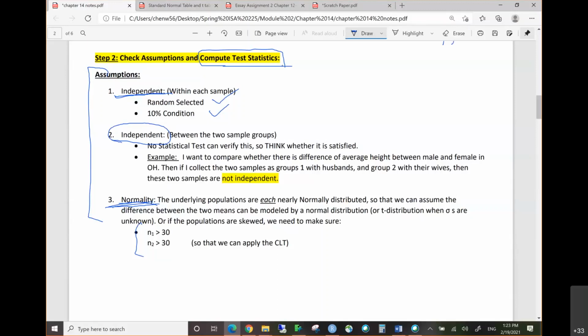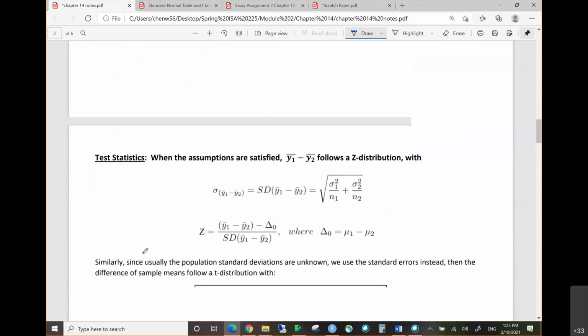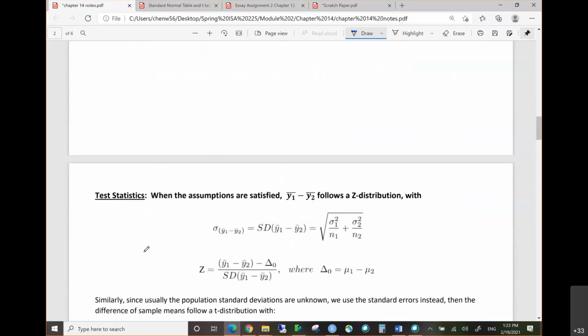So in this case, they will not be independent. All right. So we need to check all of these three assumptions, and when all of these three assumptions are satisfied, we can calculate the test statistic by formula, right?